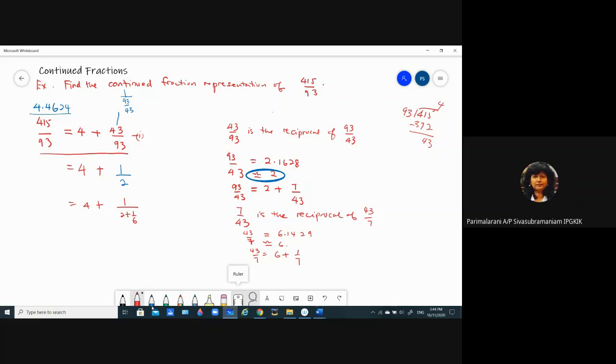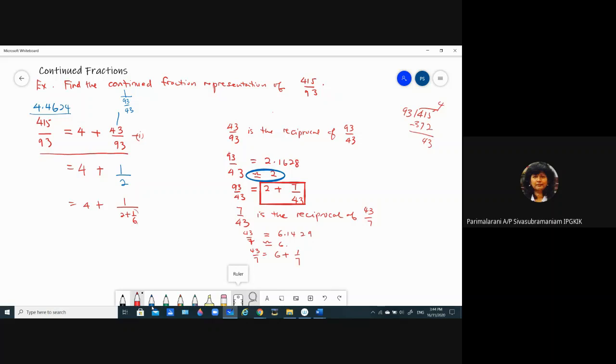If you want to go nearer, closer still, then it's actually 2 plus 7 over 43. 7 over 43 is the reciprocal of 43 over 7, so we want to write this as 2 plus 1 over 6.